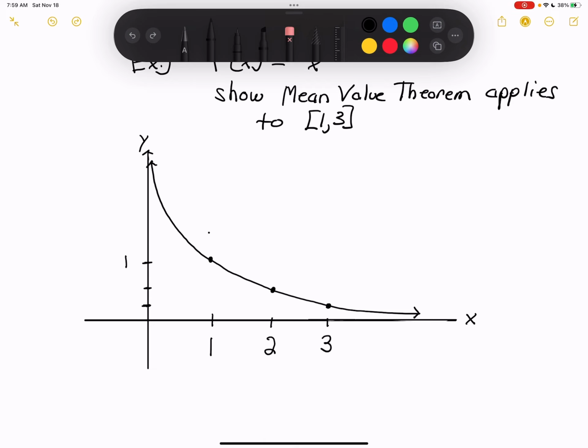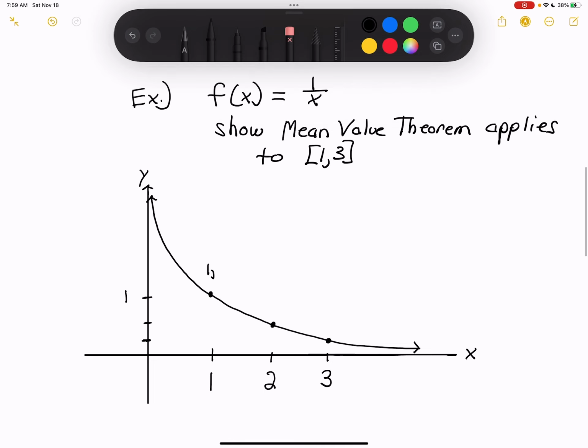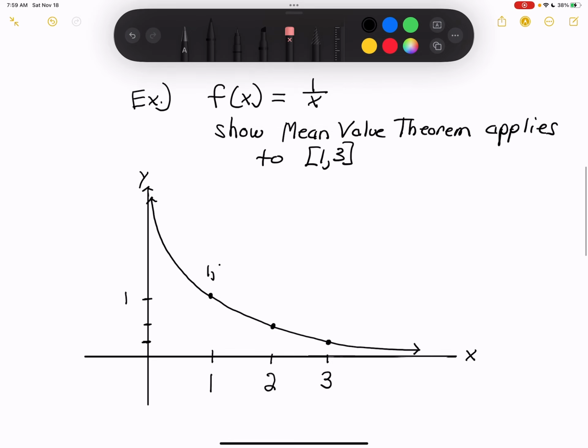This point right here is 1, comma, f of 1. And f of 1, the function is 1 over x, is just 1. And this point here is 3, f of 3. Well, f of 3 is just 3 plugged into f, so that's 1/3.